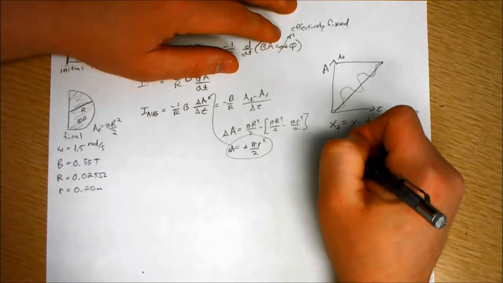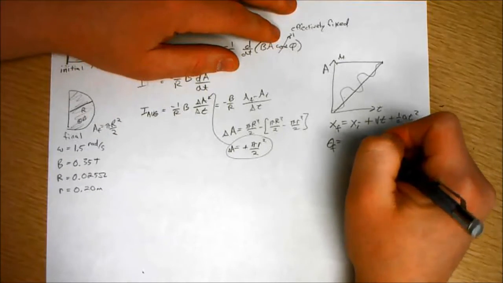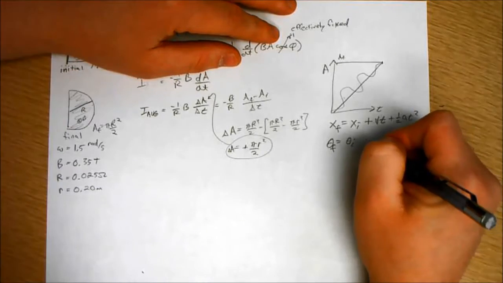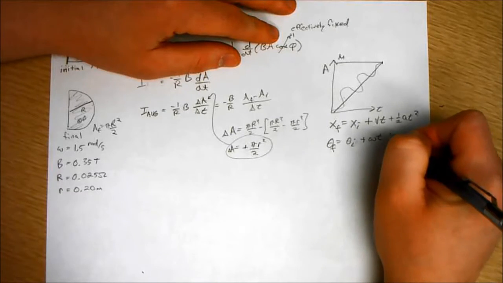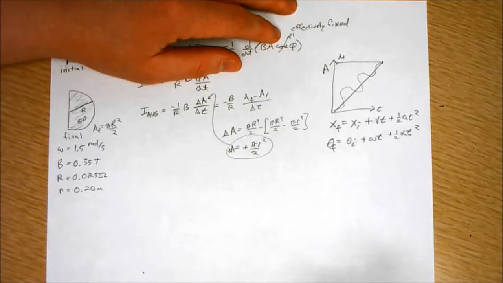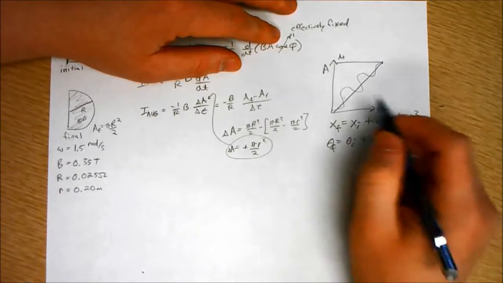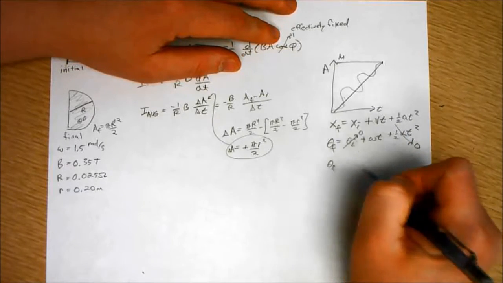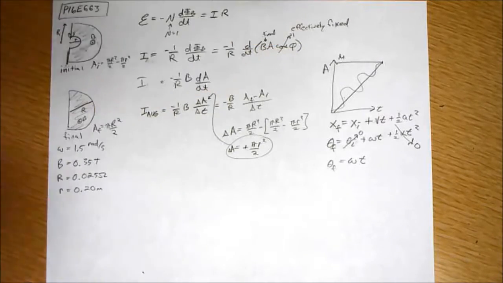If we put that in angular terms, the final angular position is equal to the initial angular position plus angular velocity times time plus 1/2 times angular acceleration times time squared. Well, in this case, there's no acceleration. It's a constant angular velocity, so that equals 0. We can call the starting point 0. So the final angular position is equal to omega times t.